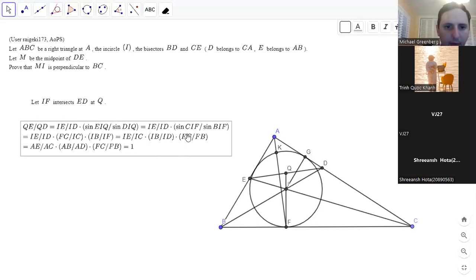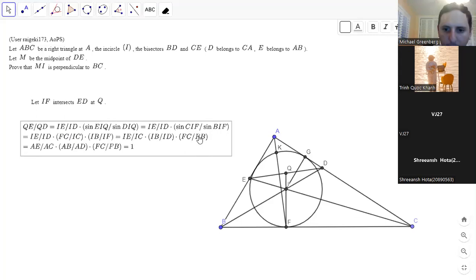Let me think about this. Okay, oh, you just rearrange stuff. So the FC is still on the top and IB is still on the top, but ID and FB. See, I'm trying to understand this one.